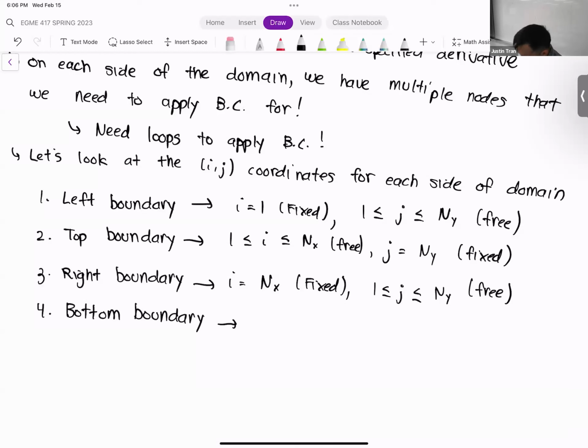So that's our free coordinate. And finally, for the bottom boundary, we have 1 less than or equal to i less than or equal to nx. That's our free coordinate. And our fixed coordinate is j, fixed at j equal to 1 because that's the very bottom of the domain.